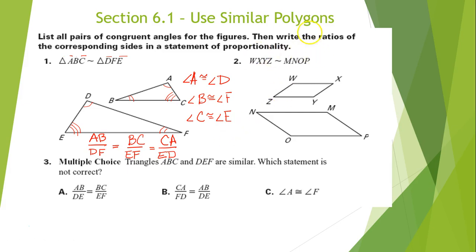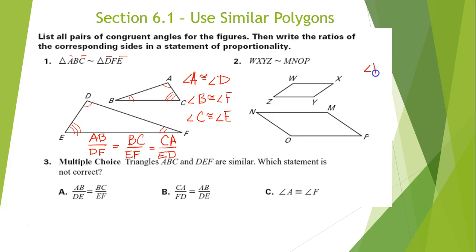Okay, now let's look at this one over here. We have polygon WXYZ is similar to polygon MNOP. So on this one, do the same thing. List all the corresponding angles that are congruent to each other.